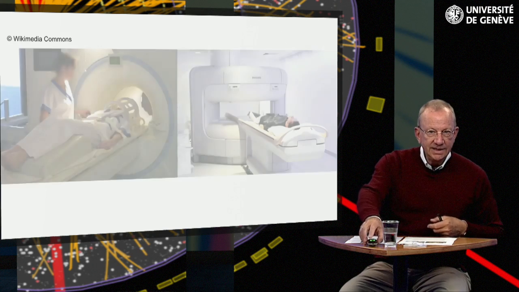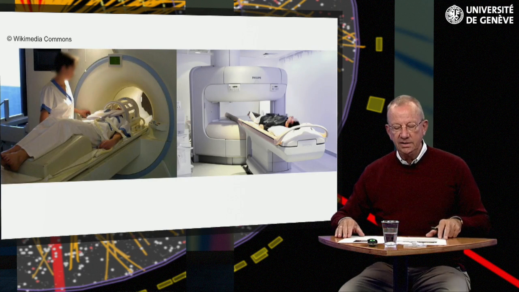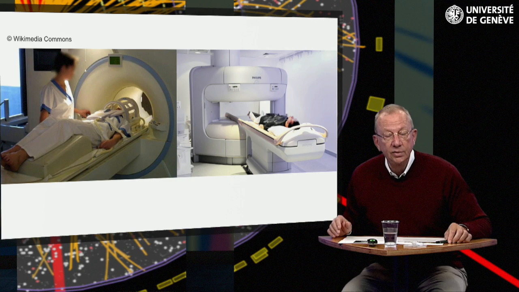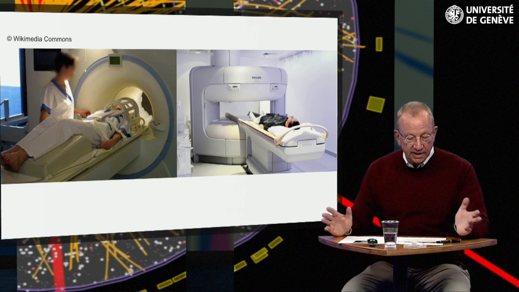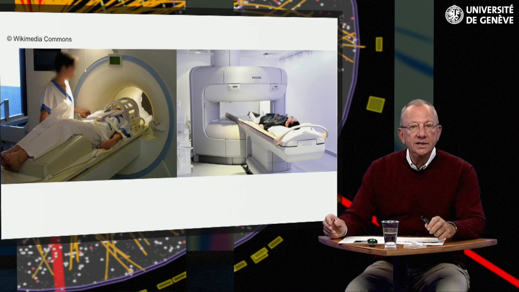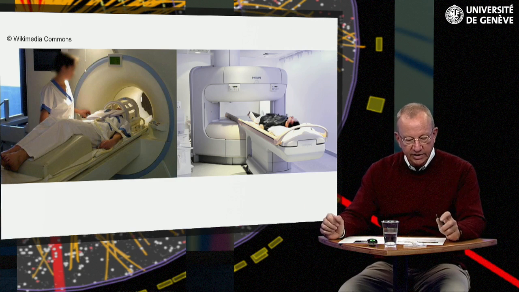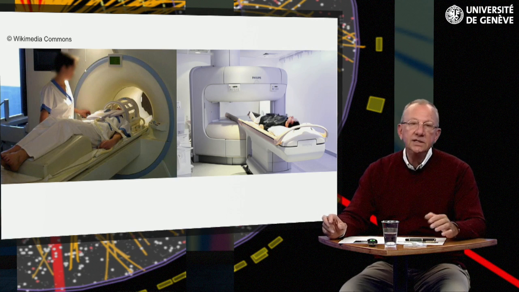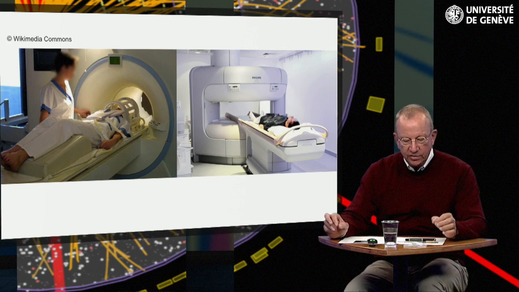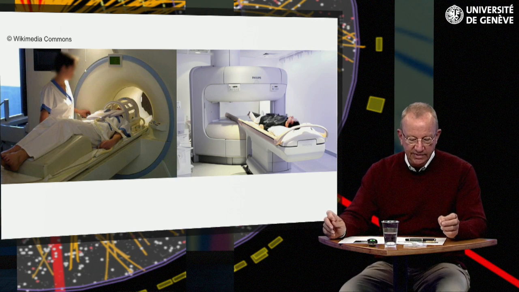But let us now discuss how one uses this to locate molecules and nuclei inside your body. By varying the magnetic field around B0 with gradients in all three spatial directions, one can correlate the resonance frequency with the position of a certain type of nucleus. The intensity of the signal is then proportional to the local density of the element.